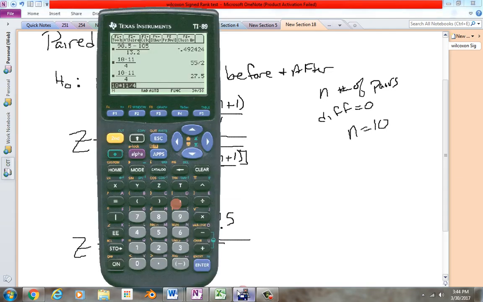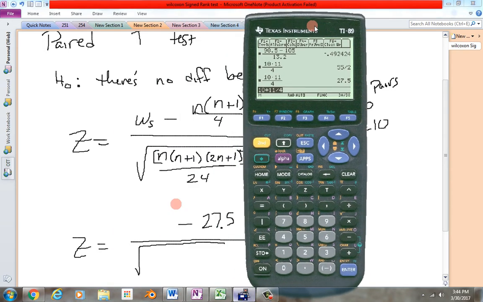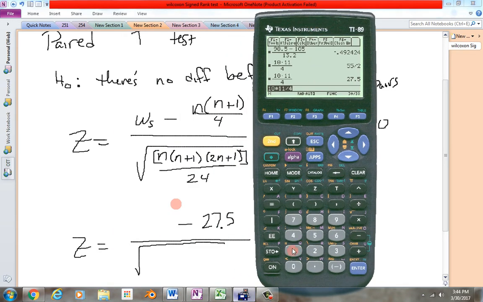And on the bottom we're going to have 10 times 11 times 21 divided by 24, to the 0.5, which is the square root of 9.8.